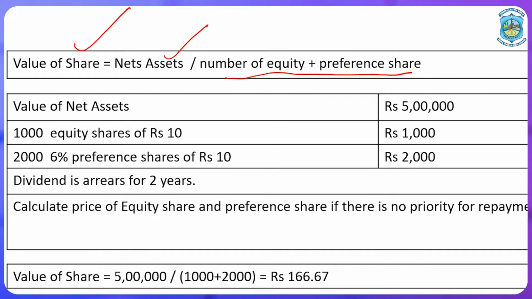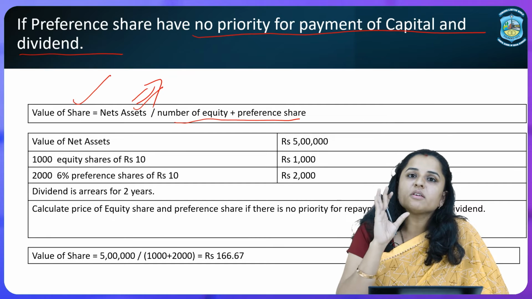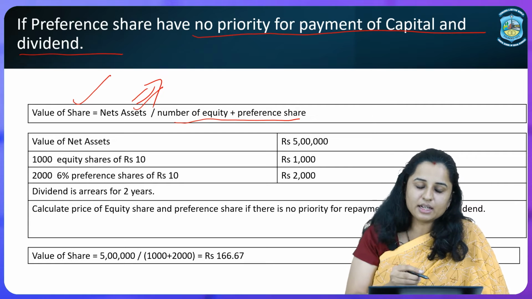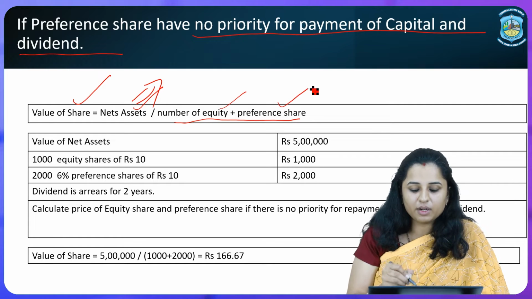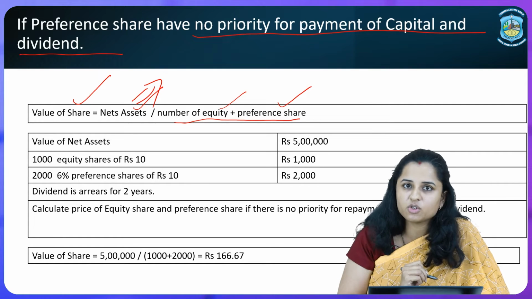You are all aware what net assets are. We have already discussed this in our previous module. Net assets simply means market value of all realizable assets less the value of external liabilities. Once we have calculated the net assets, we are going to divide by the number of equity and the number of preference shares.